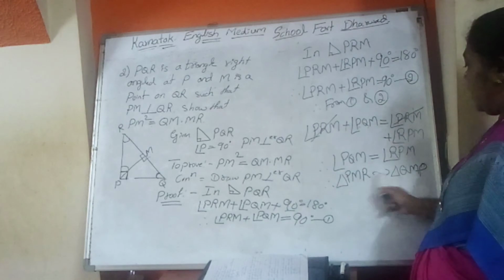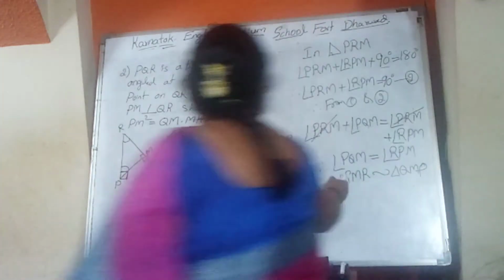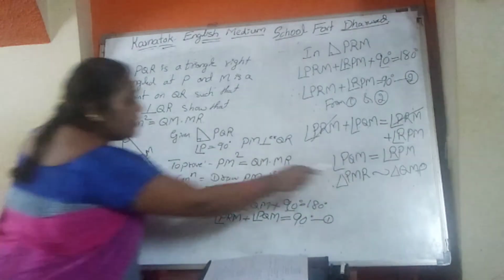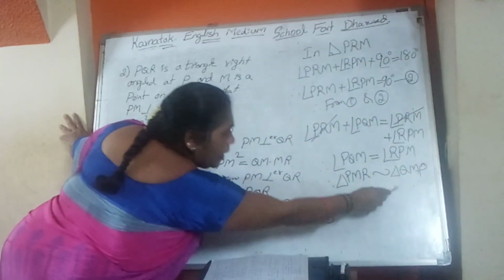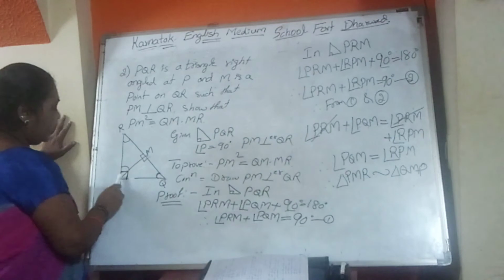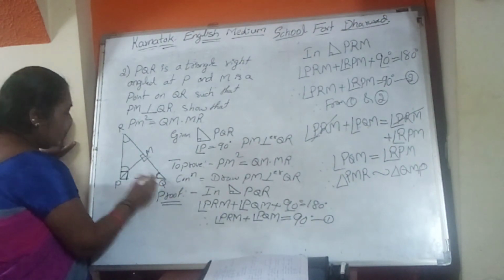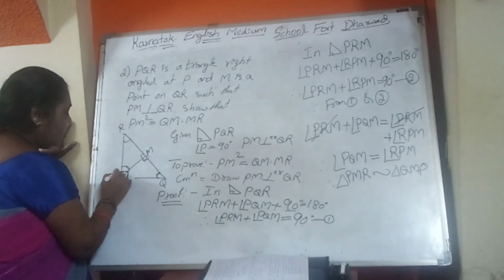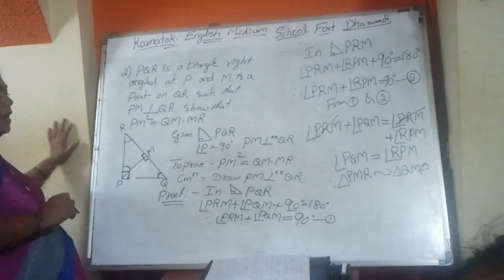How are these two triangles similar? Observe here. PMR is similar to QMP because this angle is equal to this angle. This is 90, so here also 90.